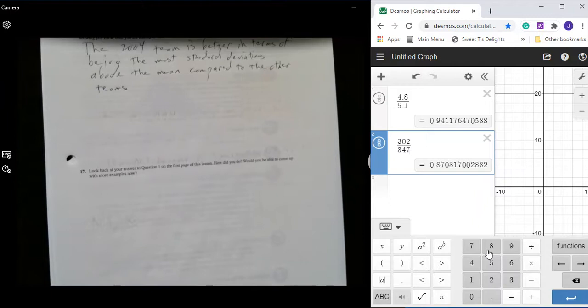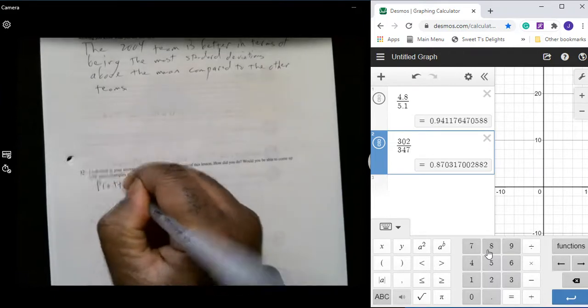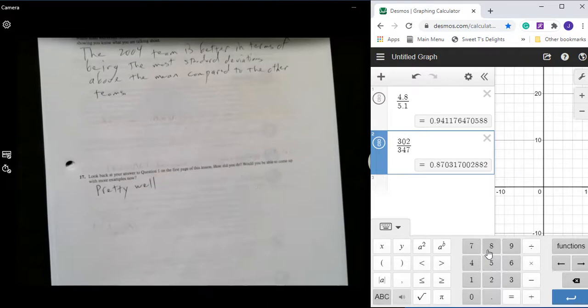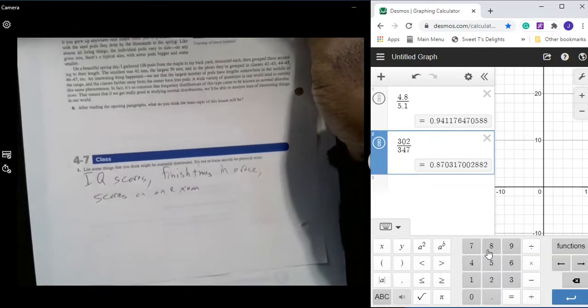Look back at your answer to question 1 on the first page of this lesson. How did you do? Would you be able to come up with more examples now? So we did pretty well. Now I'll go back to that first page so we could see that. When we did the IQ scores, the first page is 405.